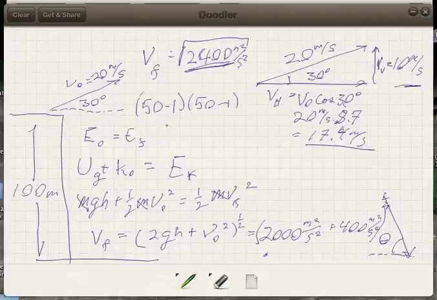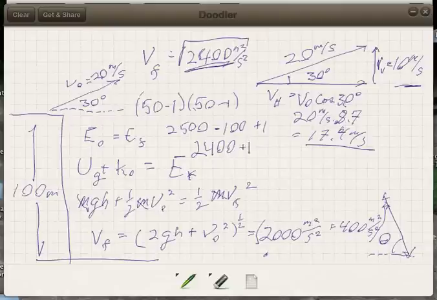You get 50 times 50 is 2,500, right? And then you have plus 1, who cares about that? It's very small. But now you have a minus 50 and a minus 50, so it's minus 100. We see that this is 2,400 plus 1. Right? Almost exactly what we want. So we can see that the final speed is 49 meters per second.